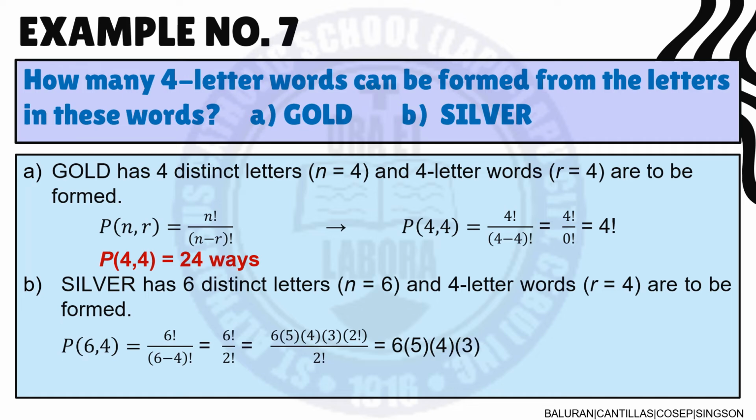So we end at 2 factorial since our denominator is also 2 factorial. Then cancel. So we have 6 times 5 times 4 times 3. Therefore, the answer is 360 ways.